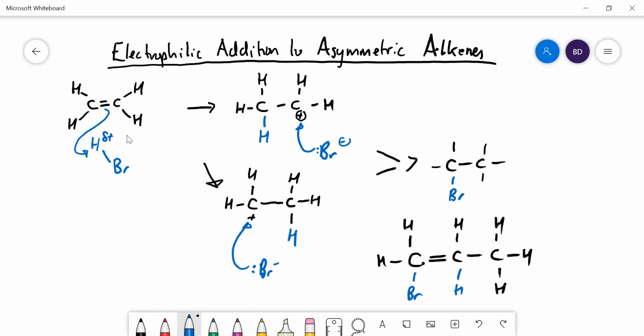So let's have a look at those, and we'll see that one actually is favored over the other.